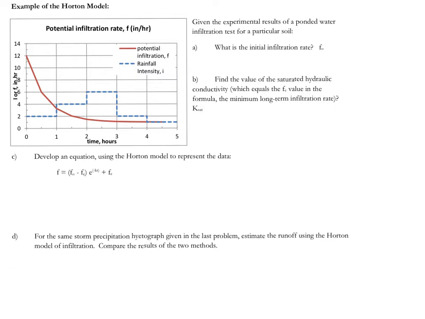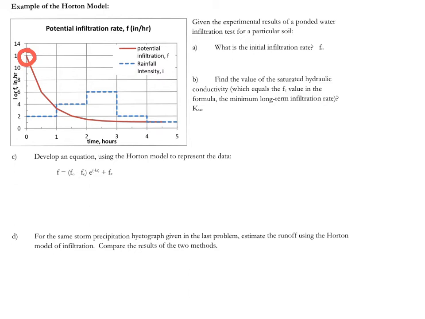We're going to get this value just by looking at our graph. We can see that at time 0, the infiltration is 12 inches per hour. So that's going to be our initial infiltration.